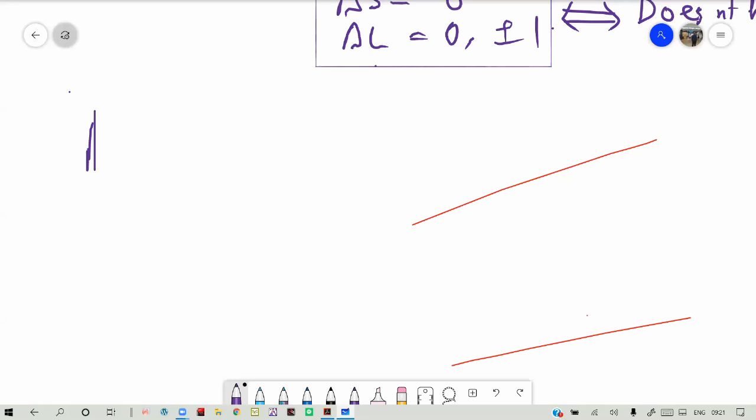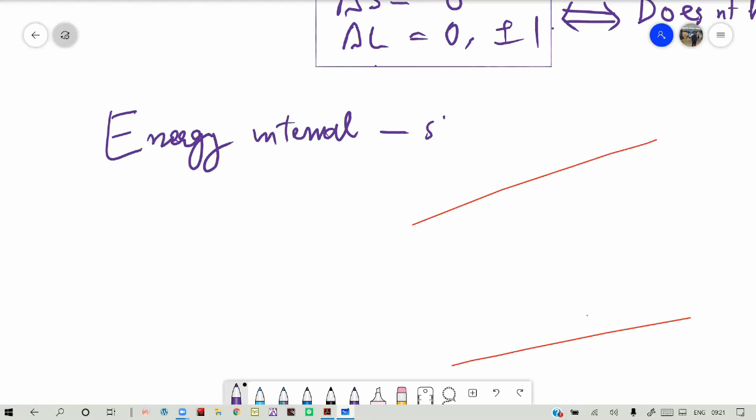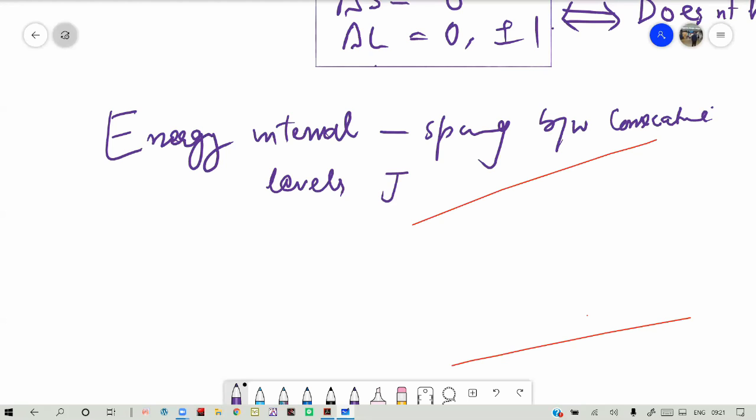I am talking about the energy interval, or spacing, between consecutive levels with total angular momentum j and j plus 1.